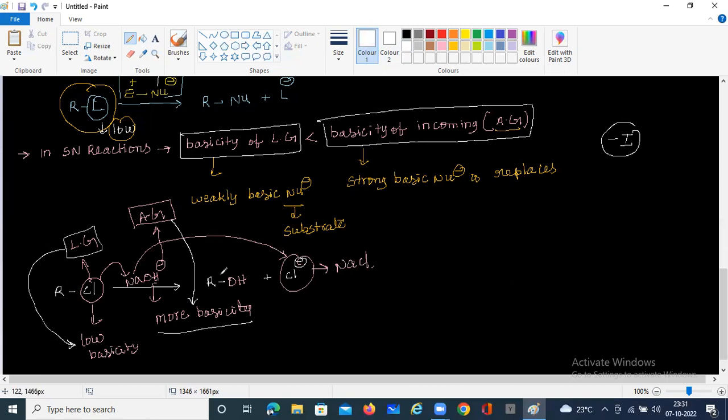ఓకేనా? ఇప్పుడు దీన్నే నేను ఇలా ఉల్టా రాశాను అనుకోండి బెట. సి, అది రియాక్షన్ ప్రొసీడ్ అవుతుందా?